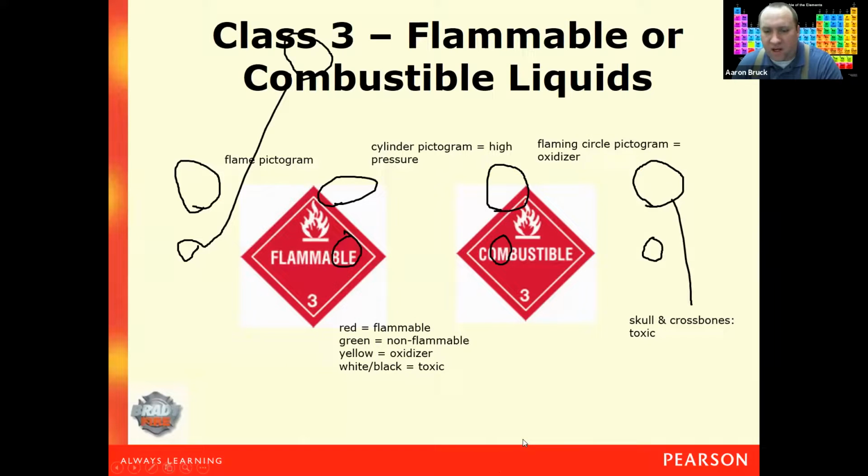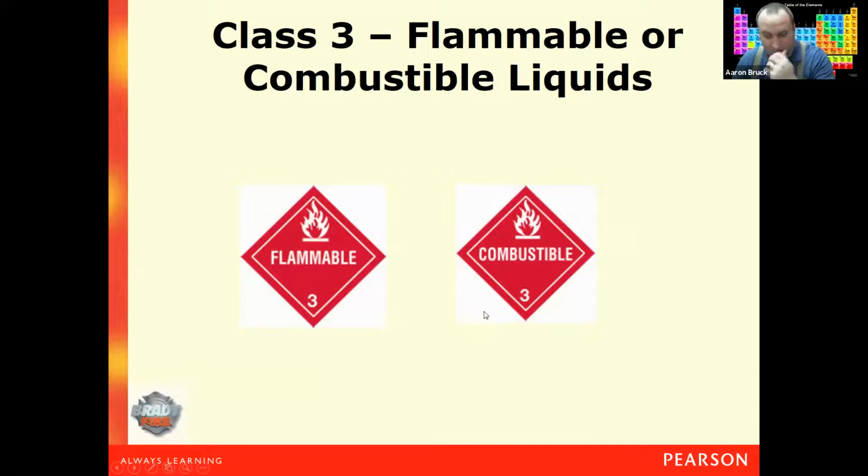Under class 3, we have our flammable and combustible liquids. Notice again, we've got a red placard with the flame pictogram. The difference here is that we are dealing with number 3s. The number 3 should indicate to us that this is a liquid.